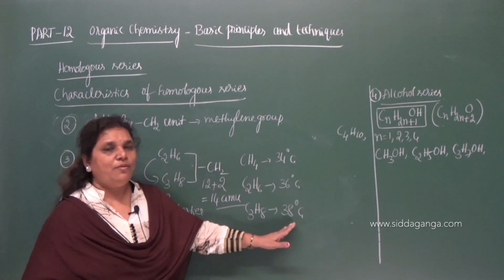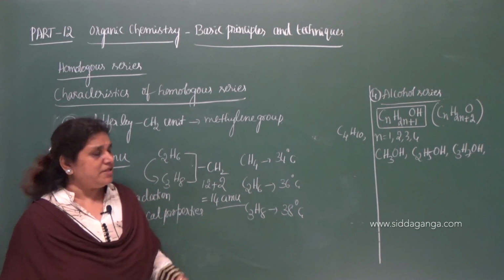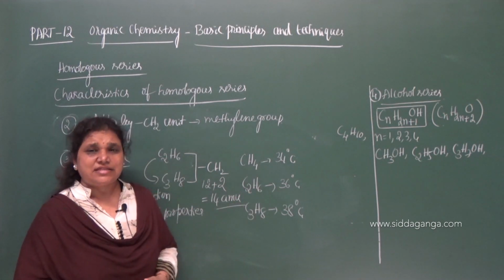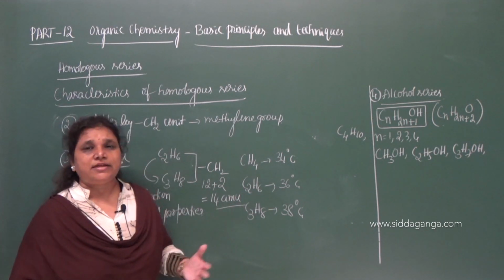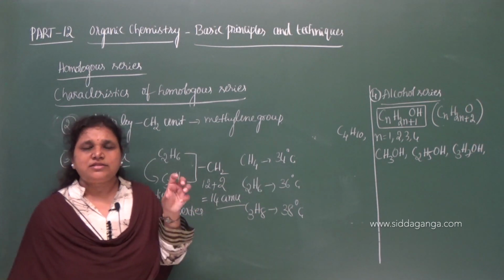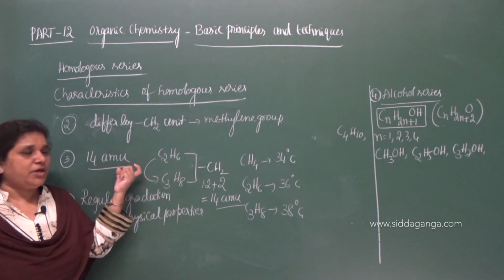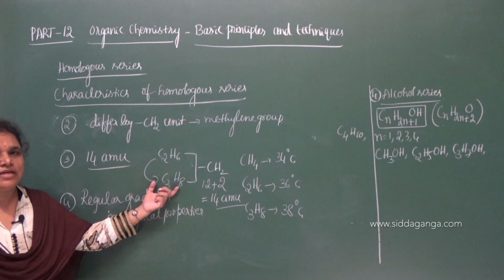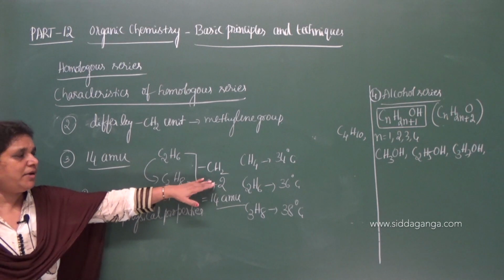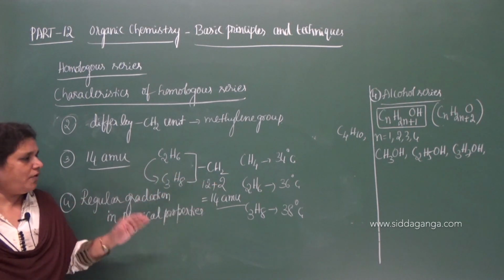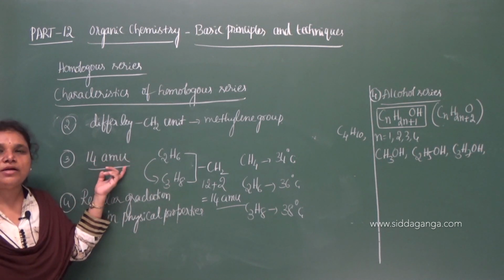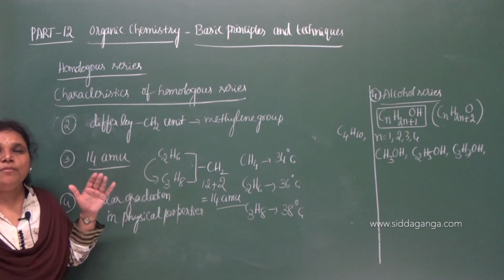This is not the true value of boiling point, I am just giving examples. If methane boils at 34 degrees centigrade, ethane boils at 36 degrees centigrade, then propane boils at 38 degrees centigrade, a difference of 2 degrees centigrade. This constant difference in the boiling point is because every successive member in a series differs by a constant unit, the CH2 unit, which is a methylene group, and therefore by 14 atomic mass units, constant in molecular mass.